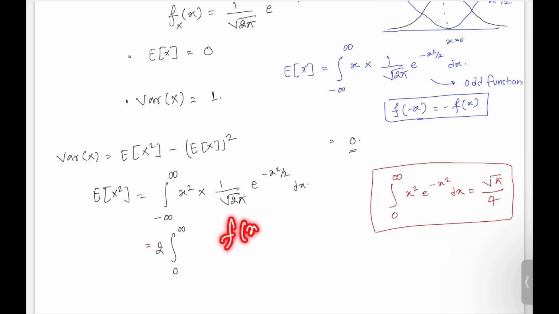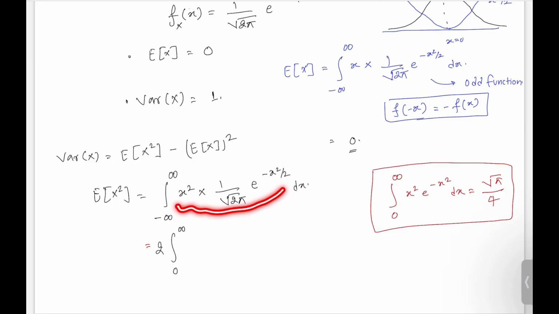If you consider this as a function f(x), then try to evaluate f of minus x, then it will be f of x, right? Because if you put minus x, then x square will be again x square, and here again minus x square will be x square.